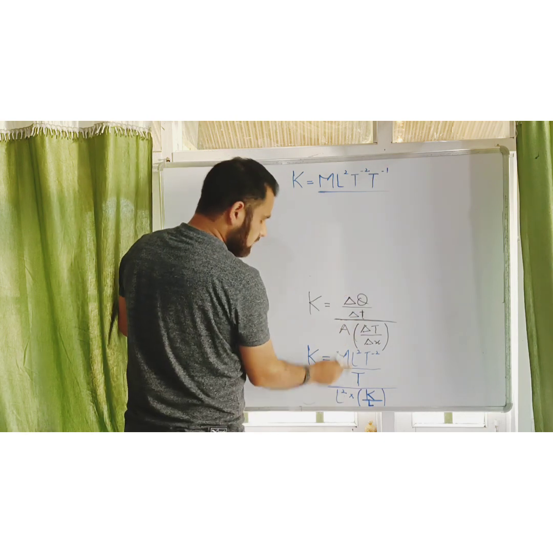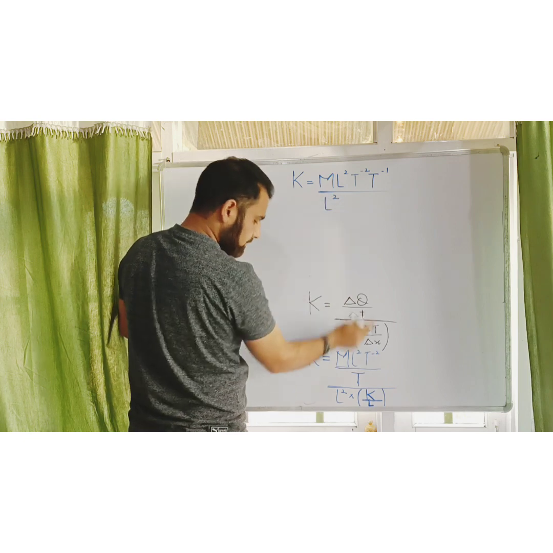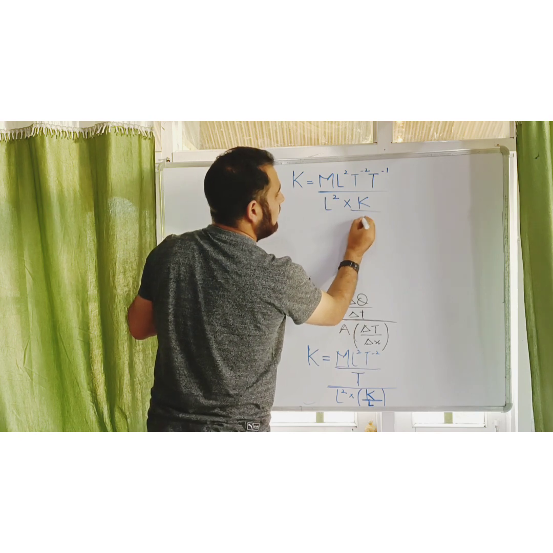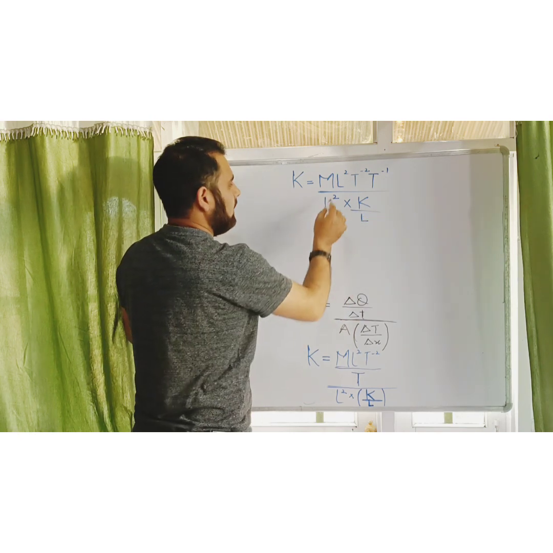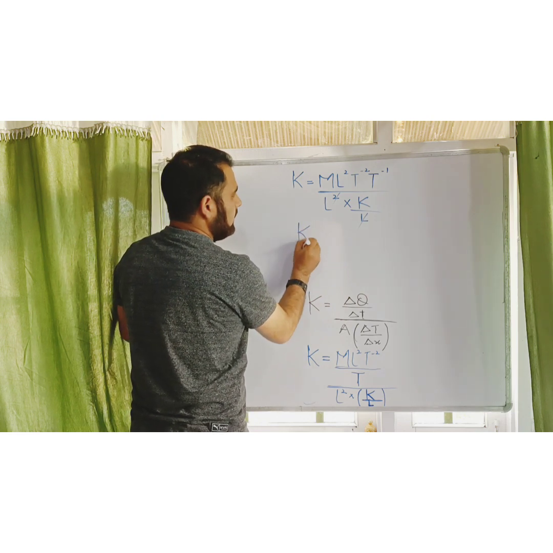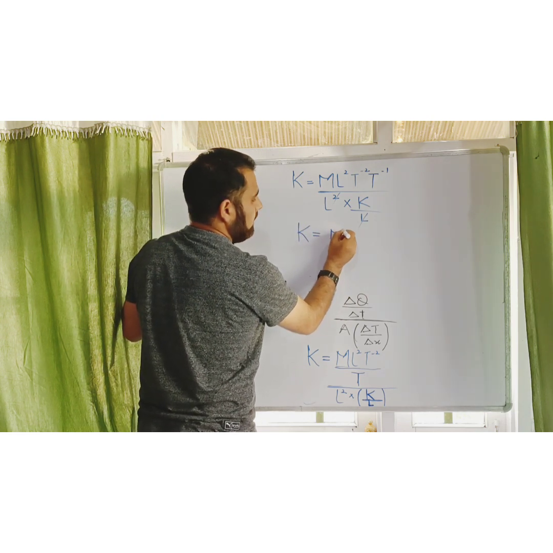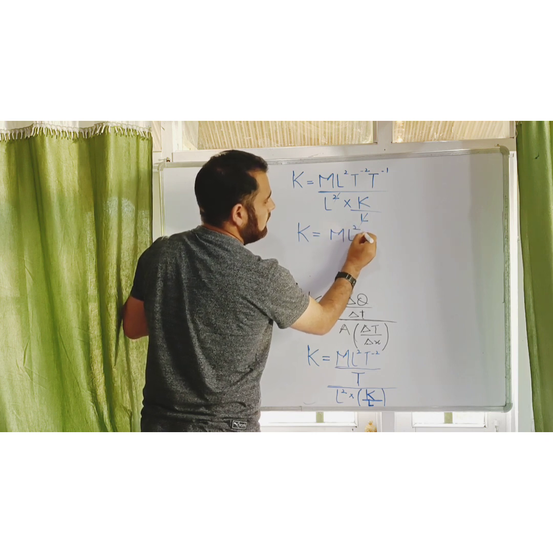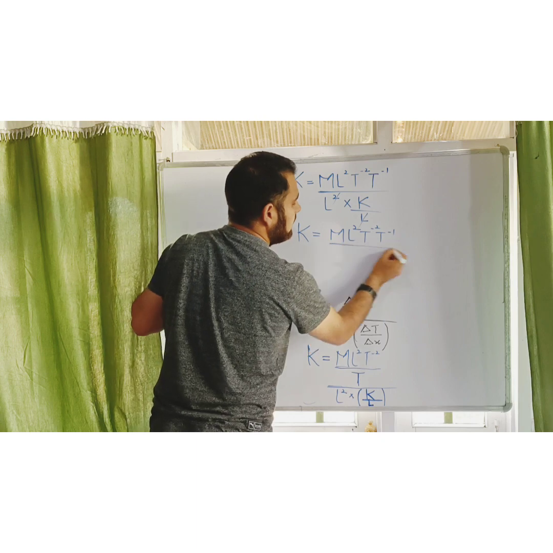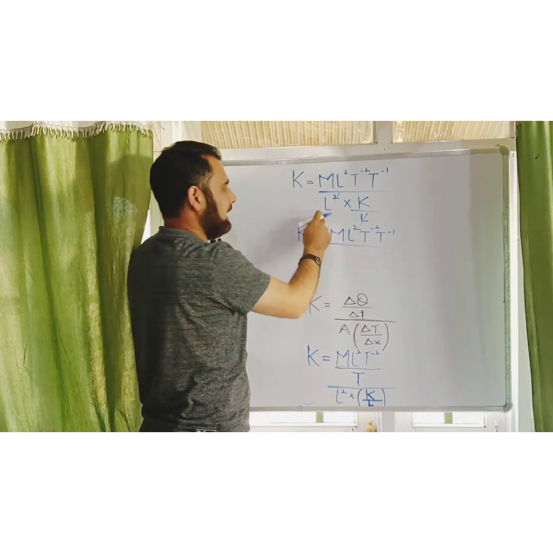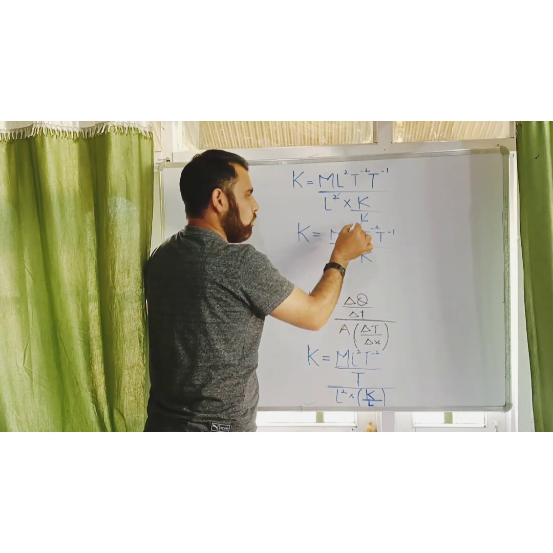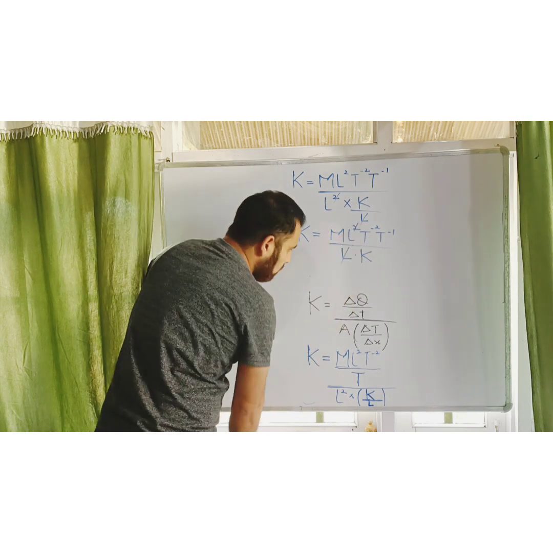Whole divided by L squared into K divided by L. Now L and L go, so K is equal to M L squared T minus 2 T minus 1 divided by L into K. Now again one L and the L will go out.